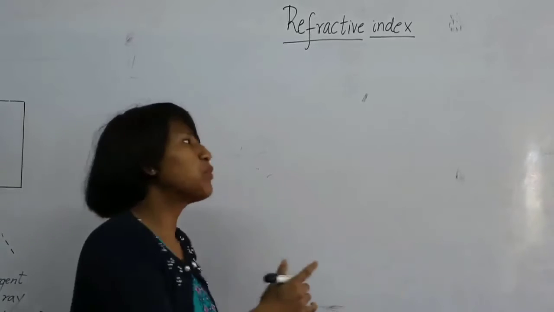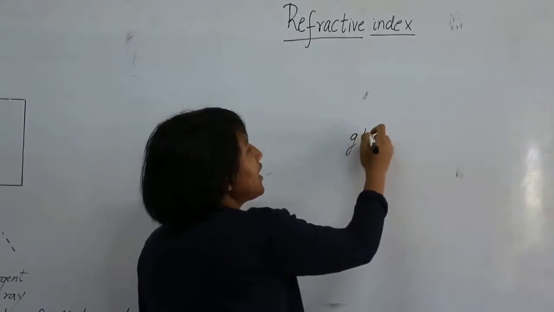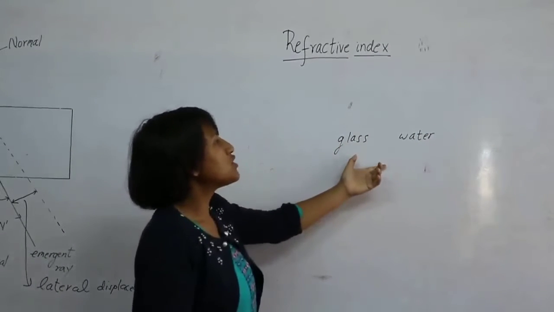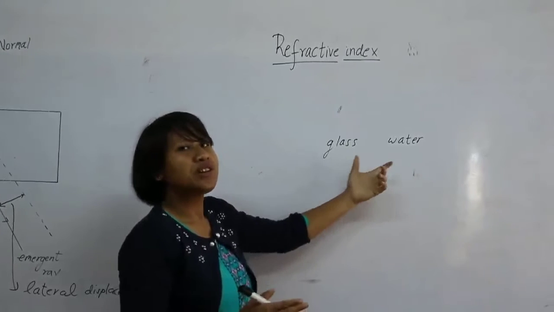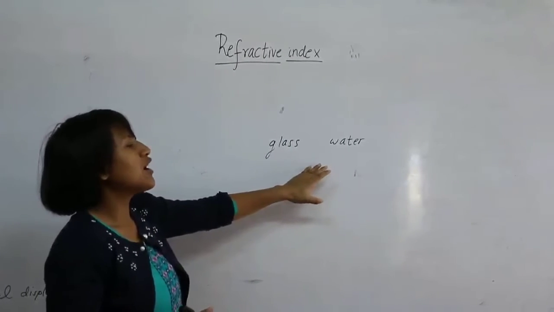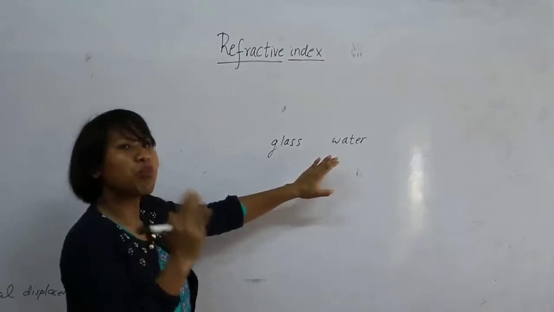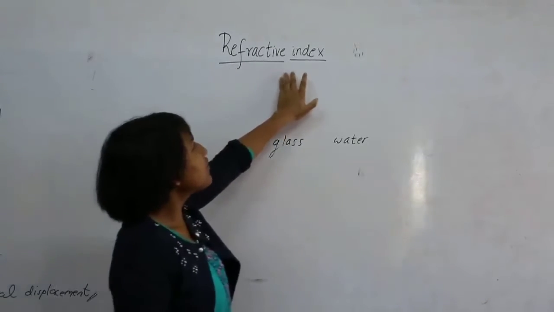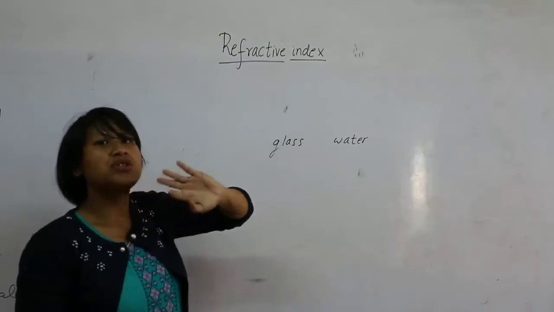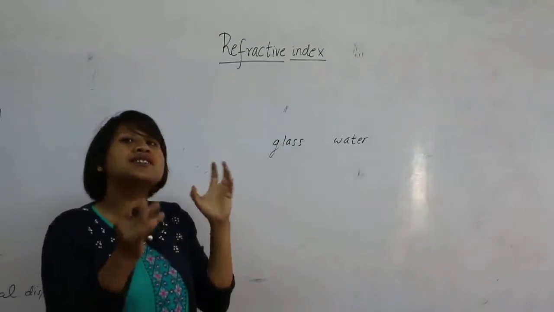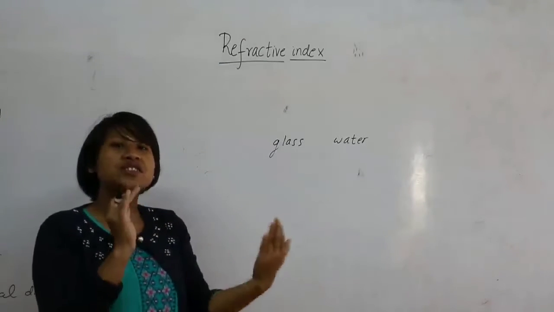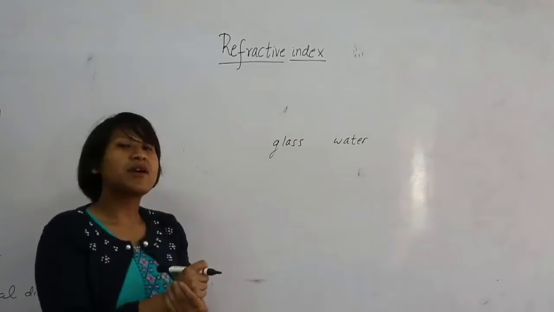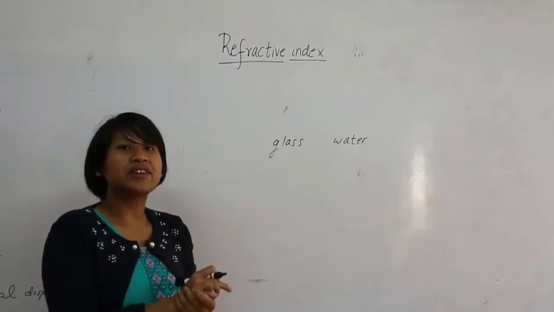Suppose I know the refractive index of glass and water, then I'll be able to tell in which of these two media light will be bending more. So refractive index is a term used for telling which of these materials will be refracting more light, after comparing.